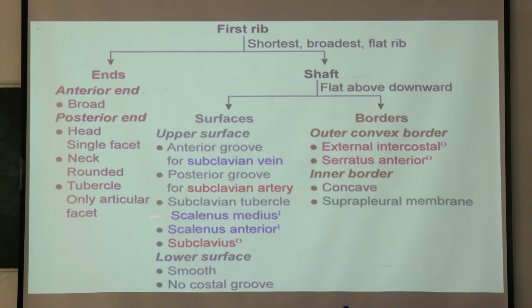Scalenus medius is attached posterior to the groove for the subclavian artery, scalenus anterior is attached to the scalene tubercle, and subclavius muscle originates from the first costochondral junction. The lower surface is smooth, with no costal groove. Borders: the outer convex border gives attachment to external intercostal, and the first digitation of serratus anterior takes origin from the outer border. The inner border is concave and provides attachment to the suprapleural membrane. Okay, understood? So it is flat from above downwards, the first rib.